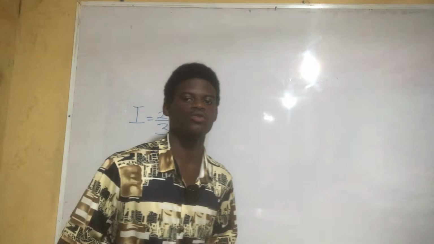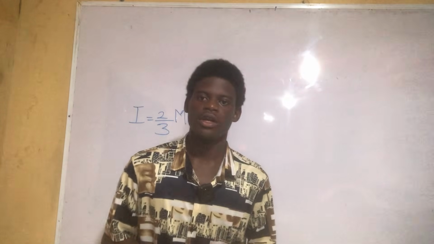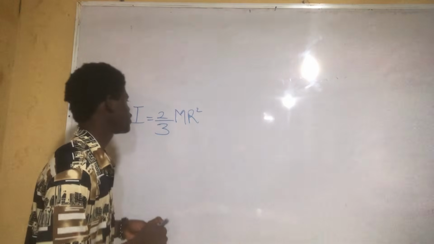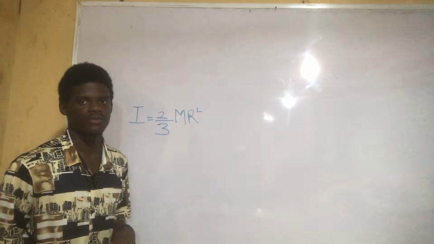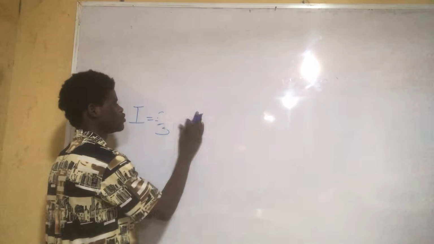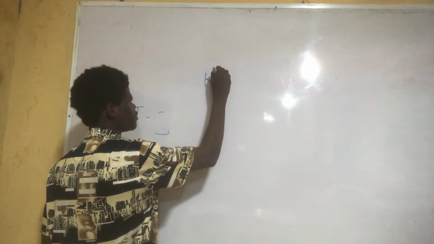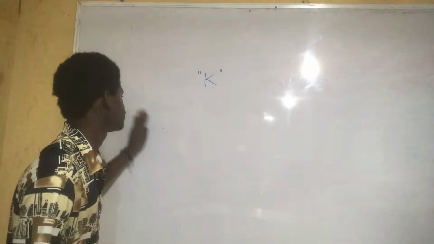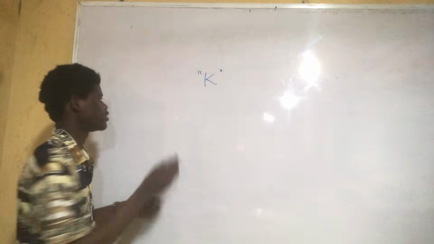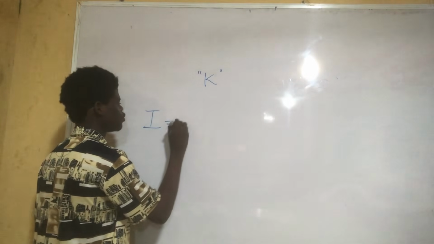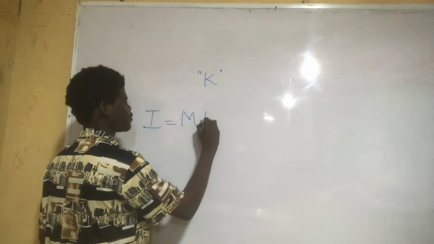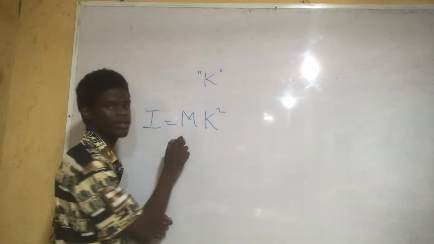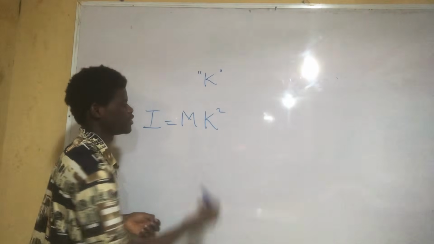So now we've talked about moment of inertia. Now let's move to the radius of gyration. First you need to know that radius of gyration is represented by the letter K. The formula linking radius of gyration to moment of inertia is I = mk², where I is the moment of inertia, m is your mass, and k is the radius of gyration.